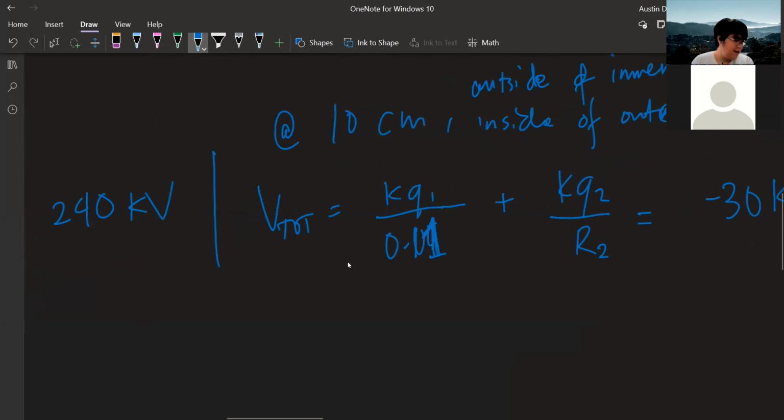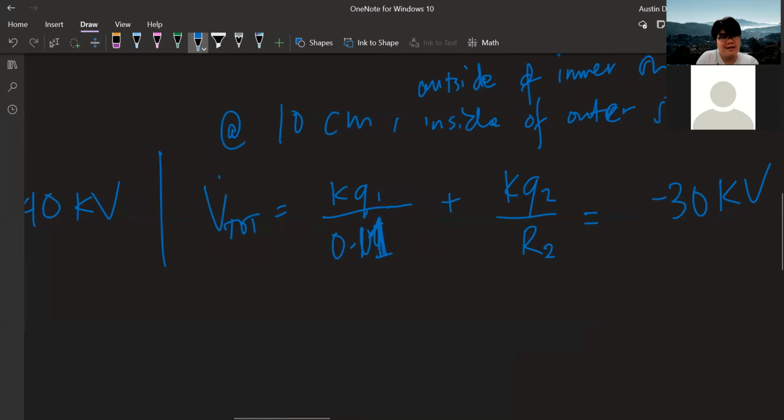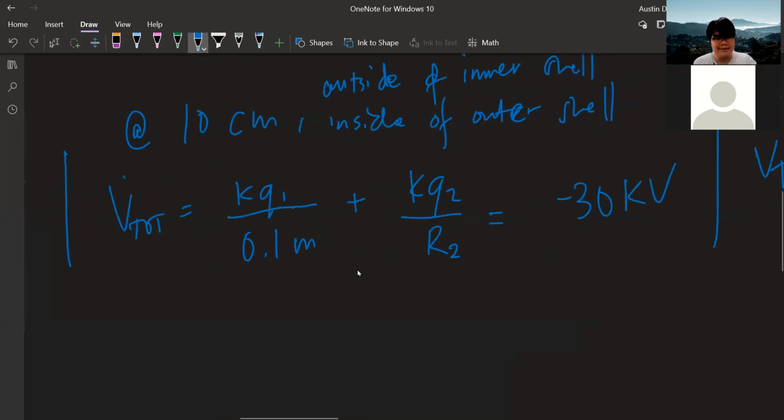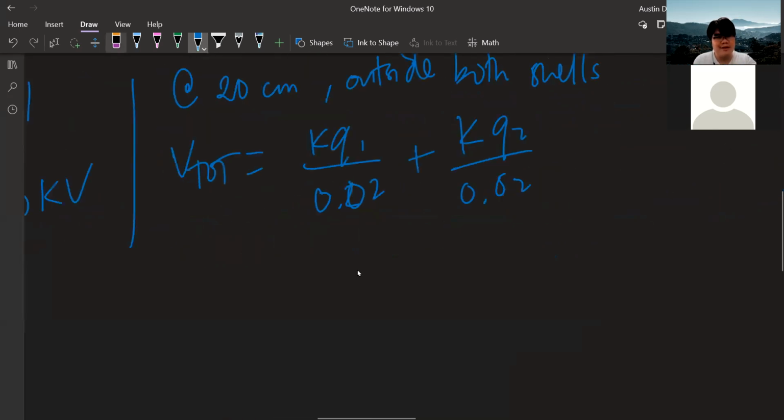Ay! Nalito ako. Tama pala. Ano ba yan? Sorry. Convert nyo na lang sa Google. 0.1 nga. 10 centimeter. So, kapag gagawin ko siyang 100 meter, multiply ko by 10. Okay? So, tama. Sorry. I'm confused. May mga bagay na ganyan. May mga trick questions siguro sa exam na may mga conversion muna.